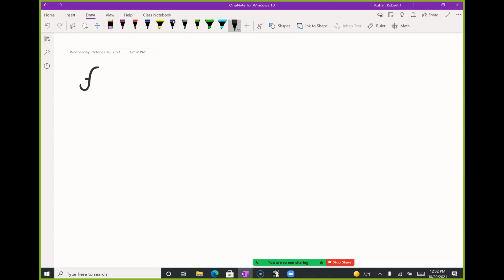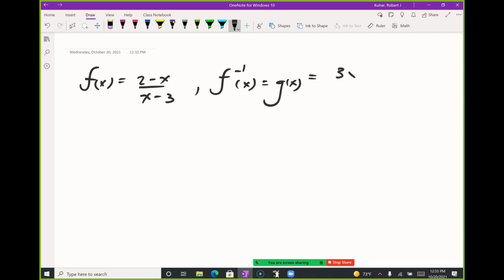So I know f of x is (2 minus x) over (x minus 3), and f inverse, which I'm calling G, because I'm lazy, is (3x plus 2) over (x plus 1).